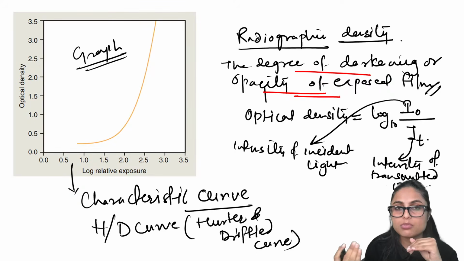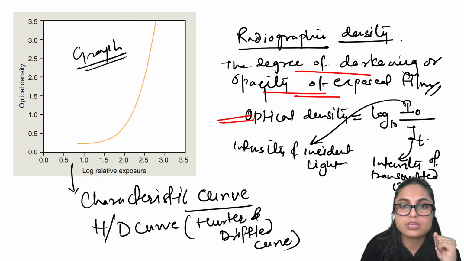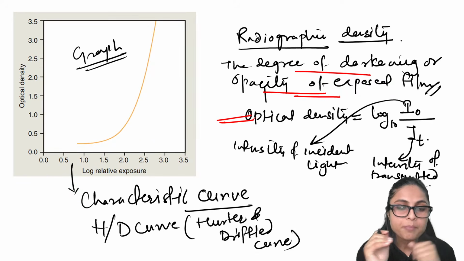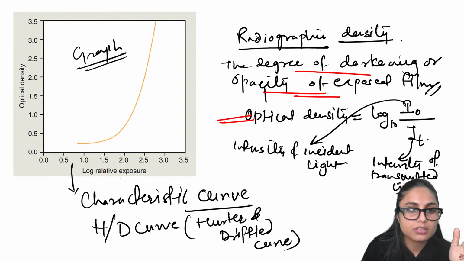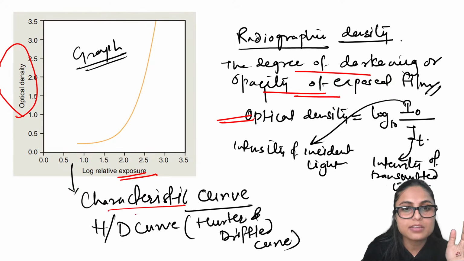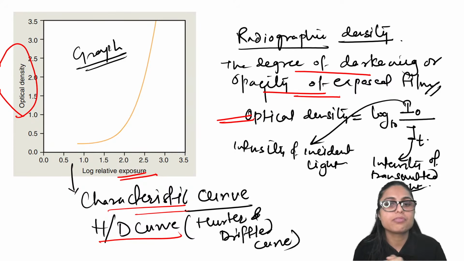It is measured using a logarithmic formula of optical density. The graph of exposure against optical density is called the characteristic curve, or H and D curve, or Hurter and Driffield curve.